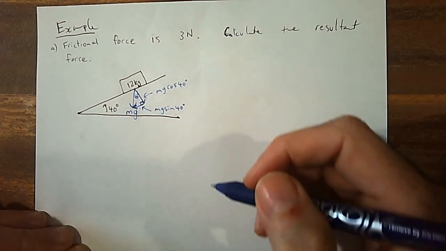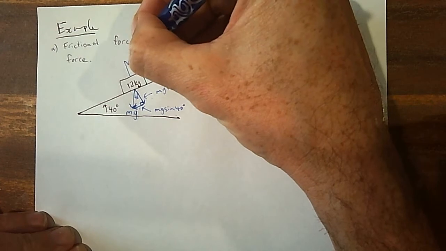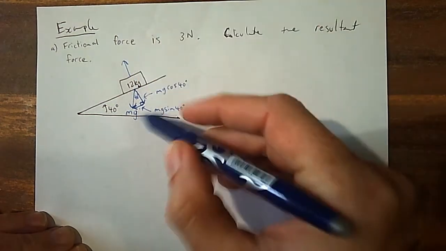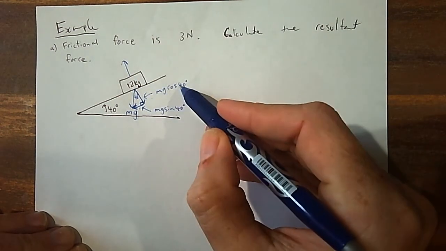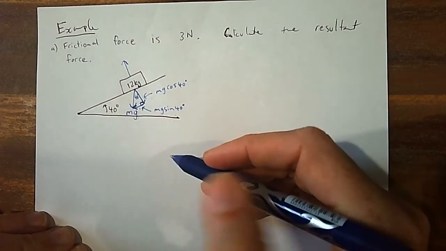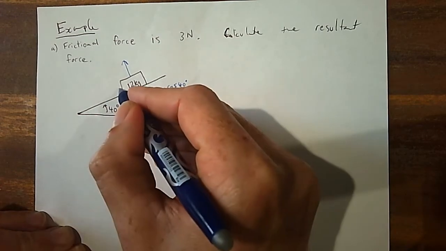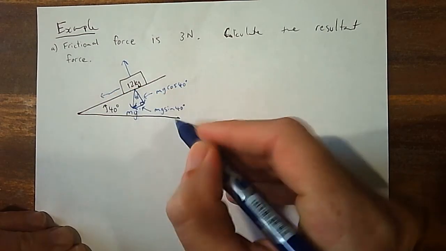So when I'm looking at the resultant force, there's an equal and opposite force acting back up, pushing up from the plane, which will equal this mg cos 40. It's pushing down and pushing back up. I'm more interested in where it's sliding back and forth, so it's the other force we're talking about here.